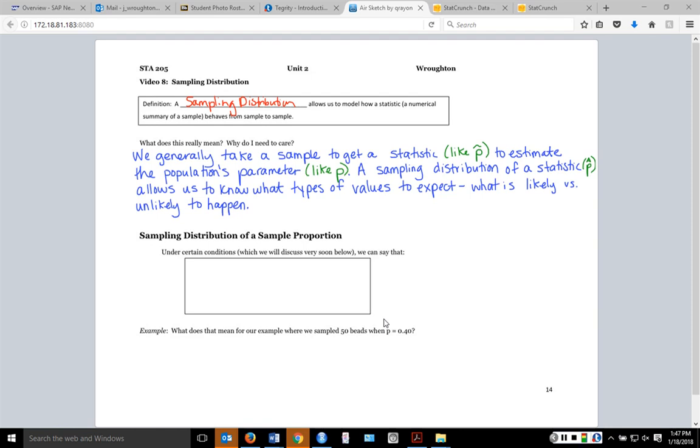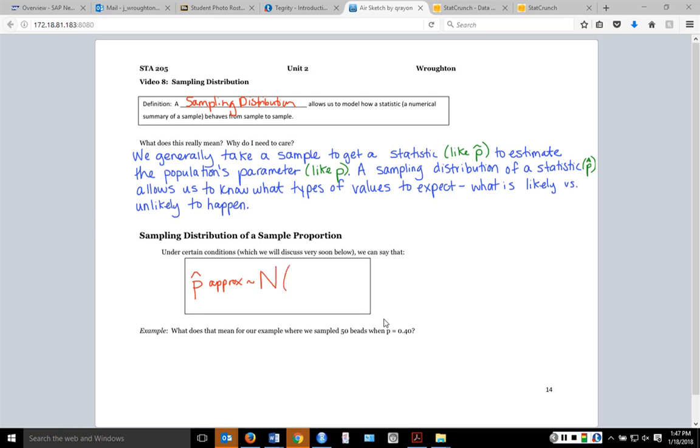Now let's talk about what our sampling distribution looks like and what sort of model I'm able to use for it. Under certain conditions, which we will get to talk about shortly, we are able to say that p hat, which is our sample proportion, will be approximately distributed N, remember that big N stands for normal.